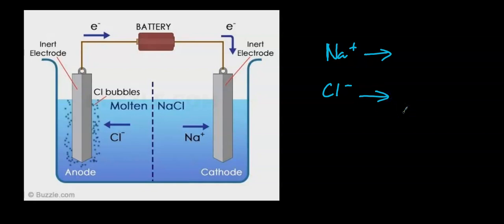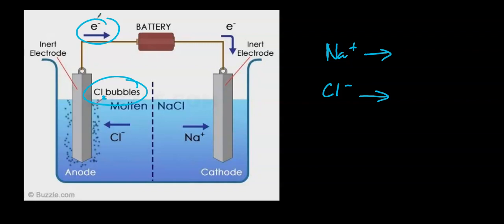What's going to happen to the Cl-? Now, it says Cl bubbles, that's technically Cl2, right? So we have chlorine gas that's forming on one electrode, and then we actually have sodium metal forming on the other electrode. So notice that the electrons are going in this direction through the wires.